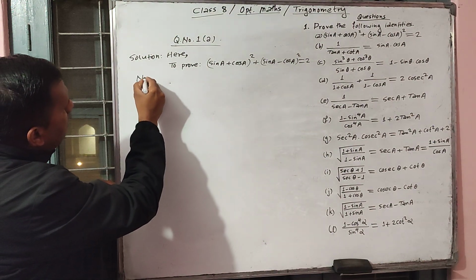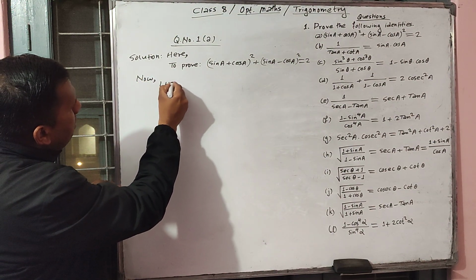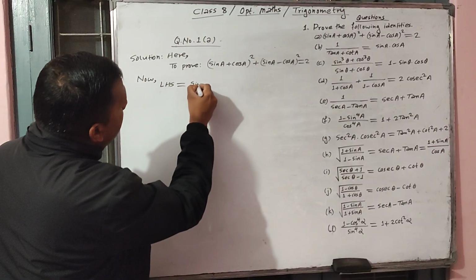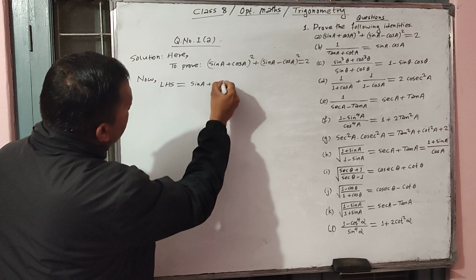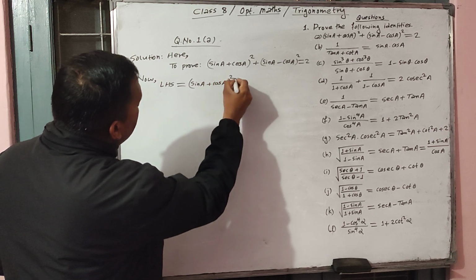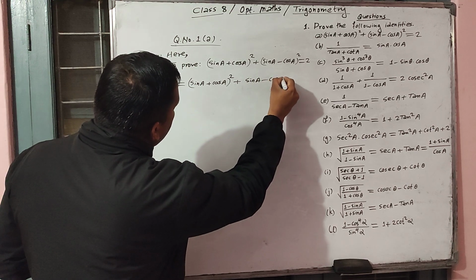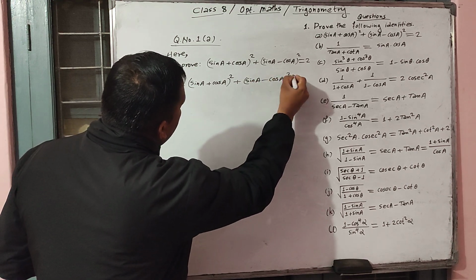Now LHS equal to sin A plus cos A whole square plus sin A minus cos A whole square.